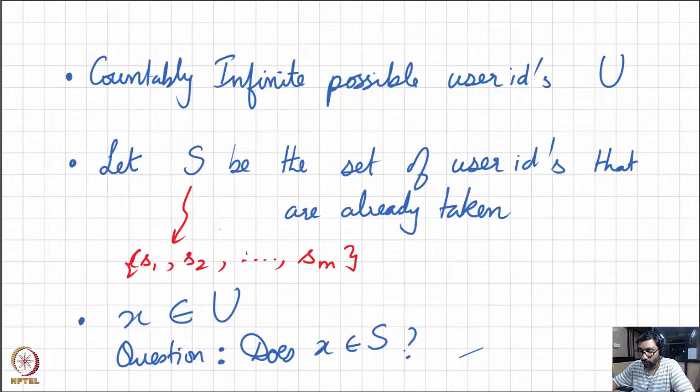This is an important question because as new users come into the system, they're going to try out some user IDs, and if the user ID is taken, then they will have to modify it, and we've all done this before several times, I'm sure. The question is, how does the system retrieve the fact that a particular user ID has been used so quickly?